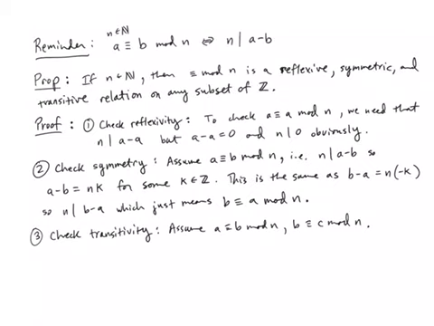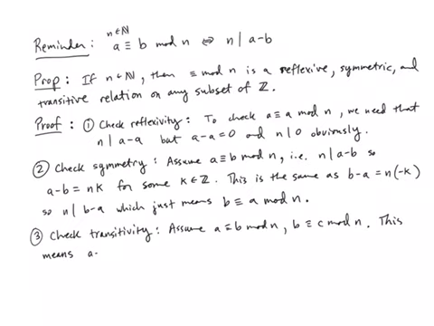And what we need to show is that A is equivalent to C mod n. Right? So what we need to show is that n divides A minus C. So what do we know from these modular equivalences? So I'll just cut right to the point. N divides A minus B.